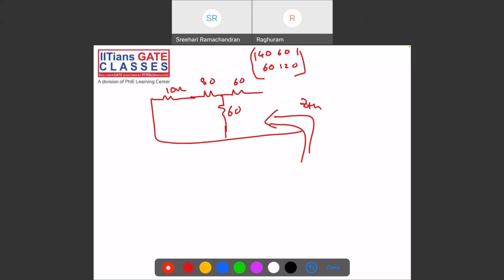See, the concept is important. Actually, I just want to show you that you can directly find Z Thevenin in this way. So 90 parallel with 60. So Z Thevenin is equal to 60 plus 90 parallel with 60. This is my Z Thevenin.